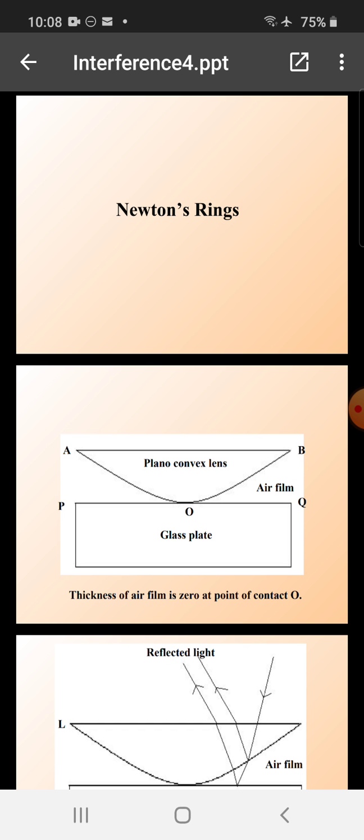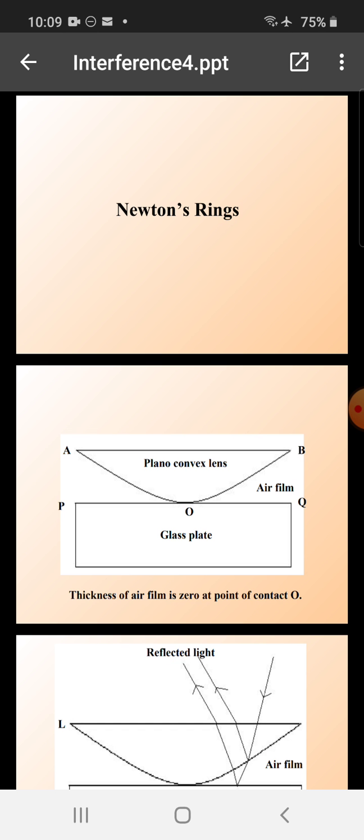First of all, the basic part of Newton's rings where the whole interference takes place is this diagram. If you check in this diagram, there is one glass plate on which a plano-convex lens is placed.